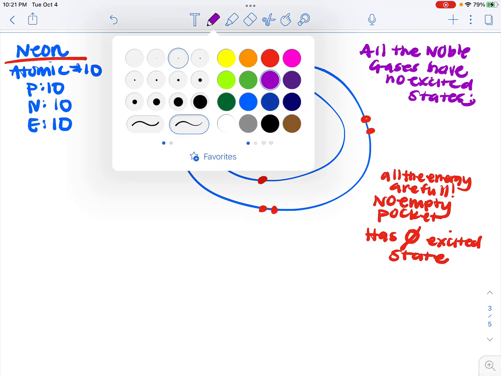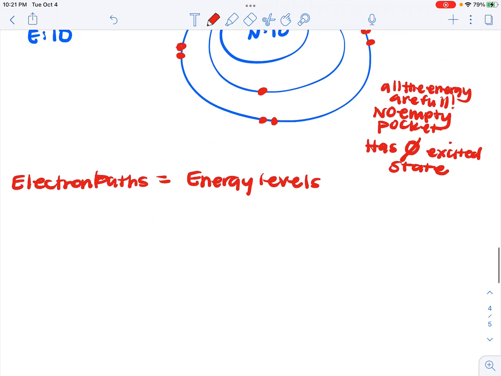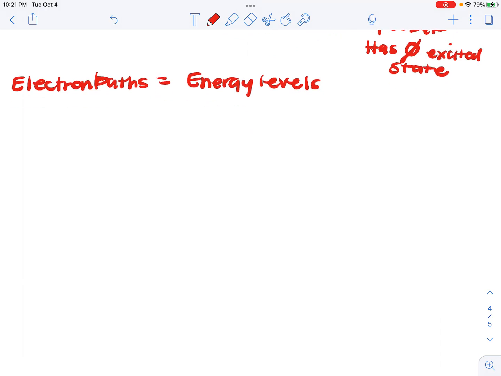The last thing I want to go over is we've been referring to the electron paths as energy levels. And this is completely correct. But we're going to go into a little bit more detail on what these are.